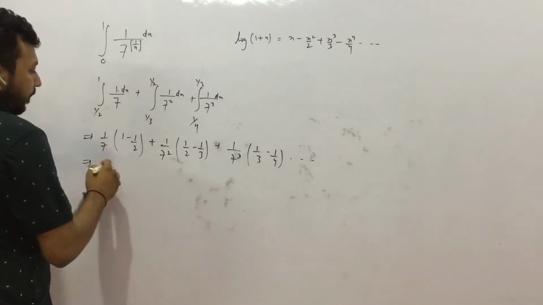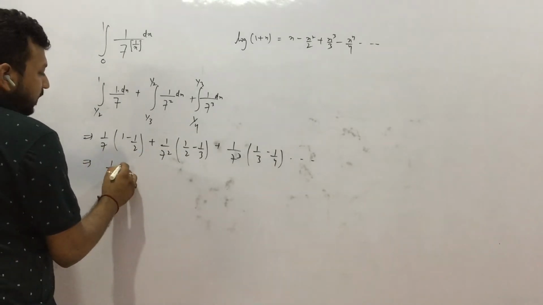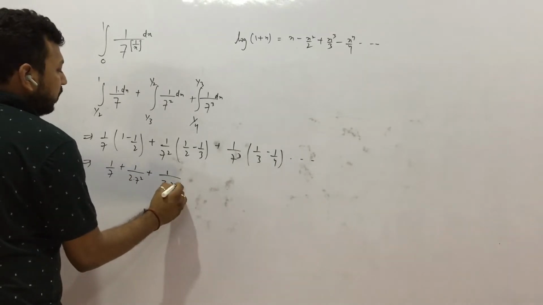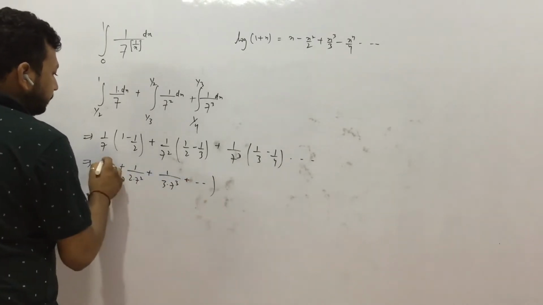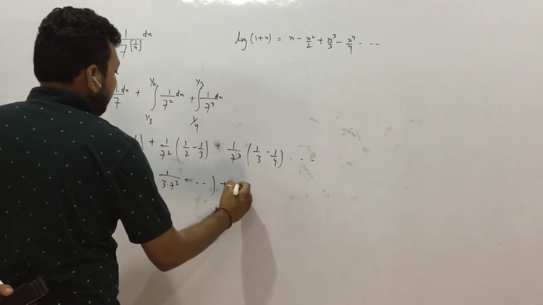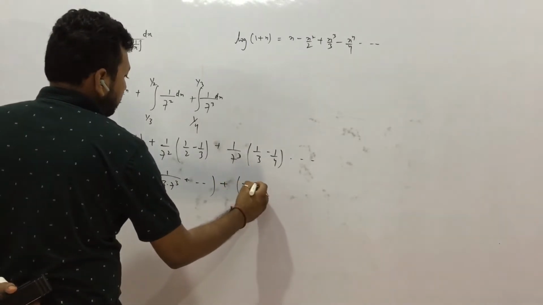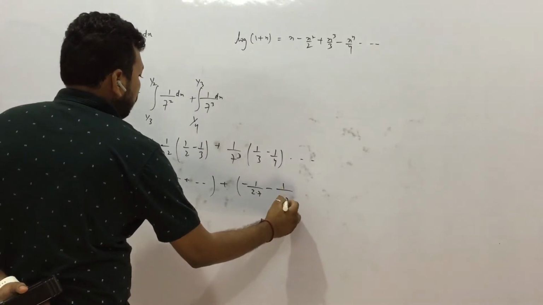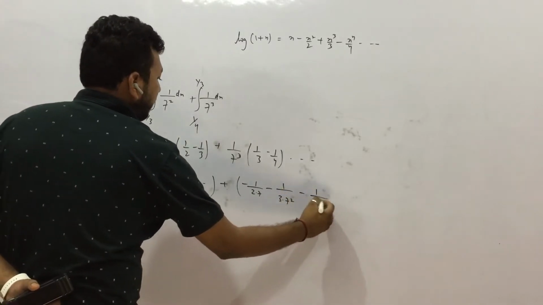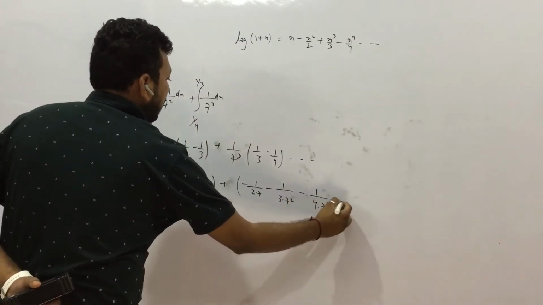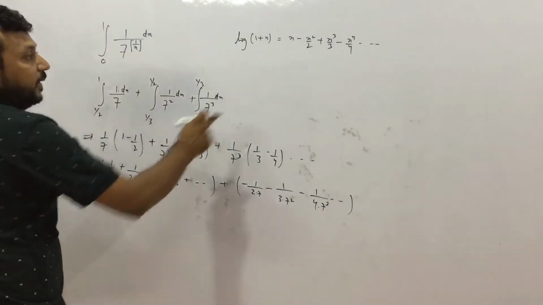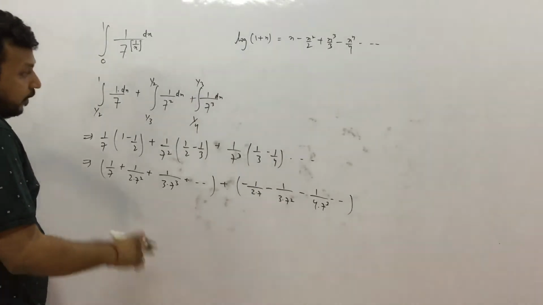Let us take all the positive terms on one side: 1 by 7 times 1 by 2, 7 square, plus 1 by 3, 7 cube, and so on. Then all the negative terms on one side: minus 1 by 2 into 7, minus 1 by 3 into 7 square, minus 1 by 4 into 7 cube, and so on. I need alternate negative and positive.